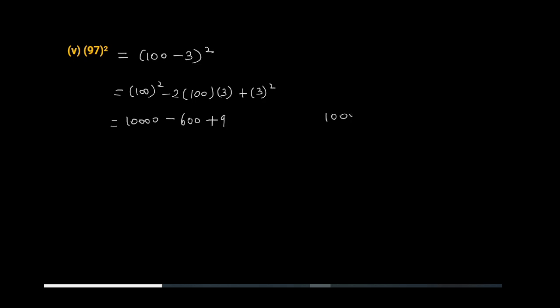Now 10,000 minus 600 will give 9,400, then plus 9. So 9,409 is the answer.